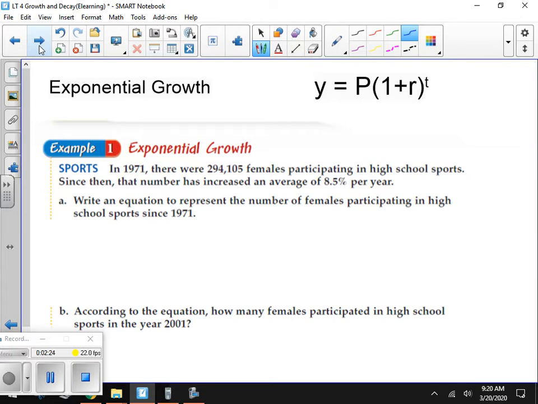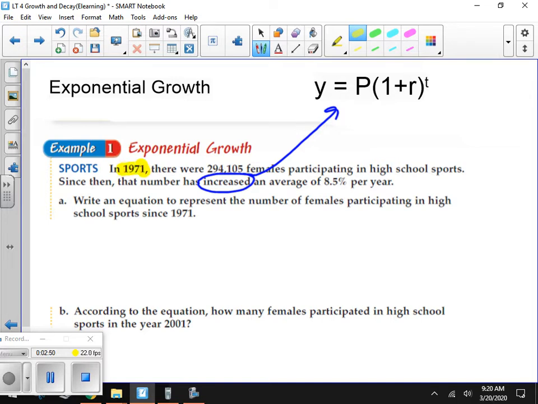First, I'm using exponential growth because there's the word increased. So I know I'm going to be using that formula. Second, if I'm using that formula, let's pull out some important pieces of information from our problem. So we're looking for numbers. I have 1971.